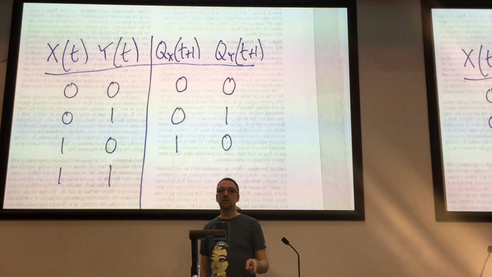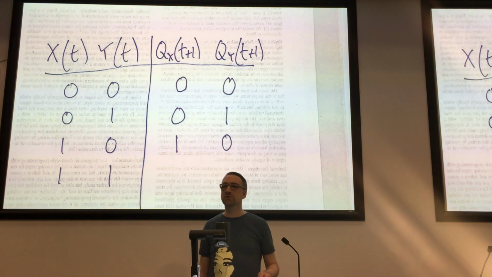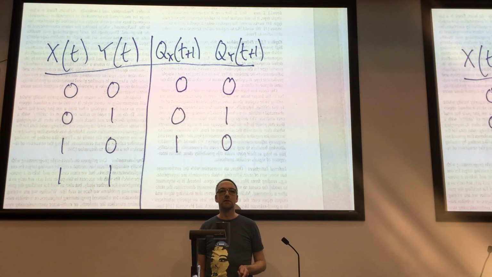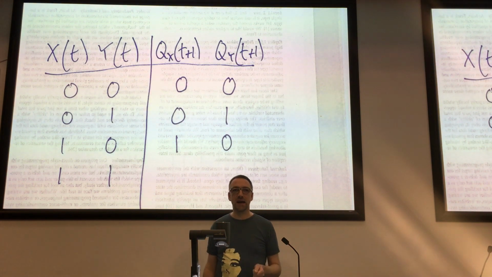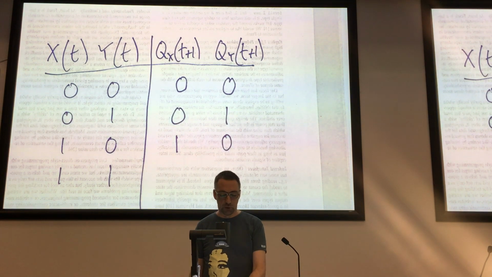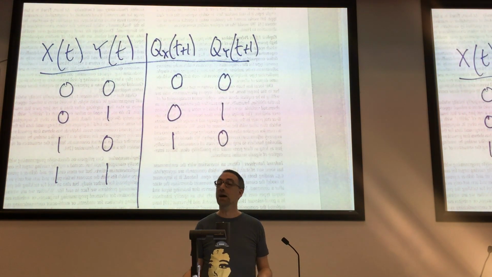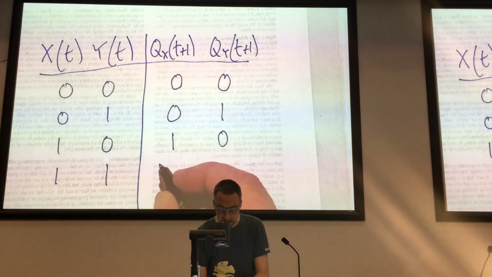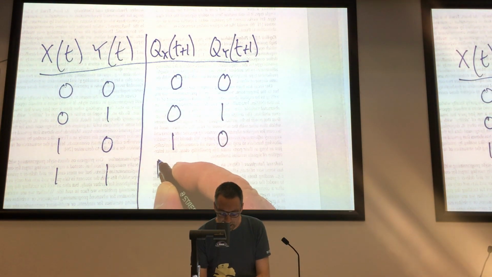Either he's already playing, or Yvonne's already playing, or neither's already playing. The rules say that if Yvonne's already playing, he certainly doesn't get to take over. If neither is already playing, but they both want to, the rules say Yvonne wins. So Xavier only gets to play in this situation if he's already playing.